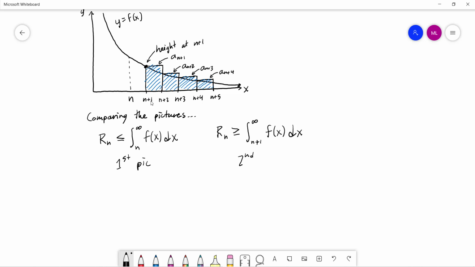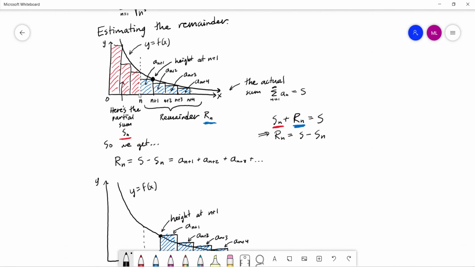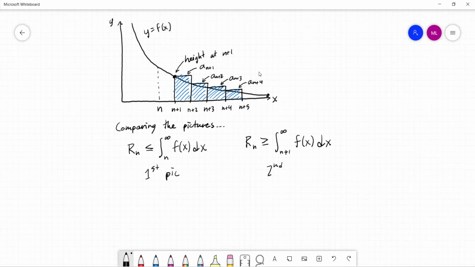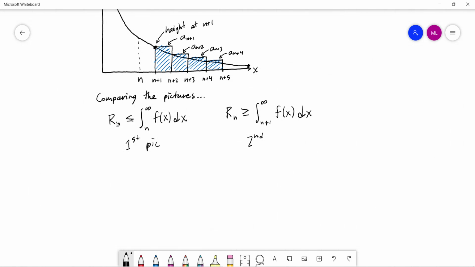The only difference is now we're starting at n plus 1 for our lower bound, whereas up here we were starting at n for our lower bound of integration. So from our second picture, I have both an upper and a lower bound.